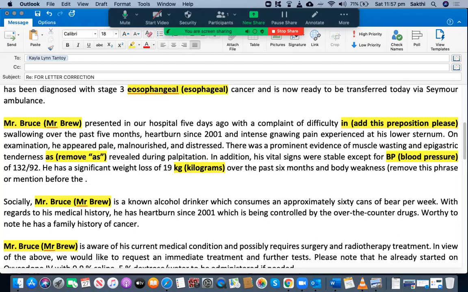So remove this phrase from here or mention it before "over the past 6 months." Okay, that could have been much better. Let's go to the next one.